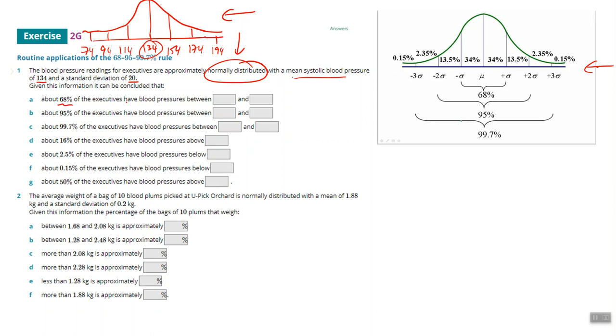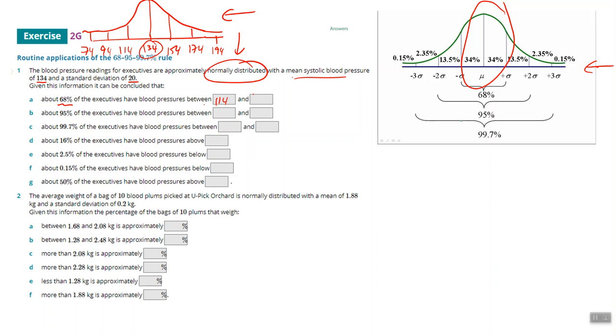Approximately 68% of the executives have blood pressures between... Well, if you look at this graph, 68% lies within one standard deviation of the mean on either side. That corresponds to 114 over here and 154.